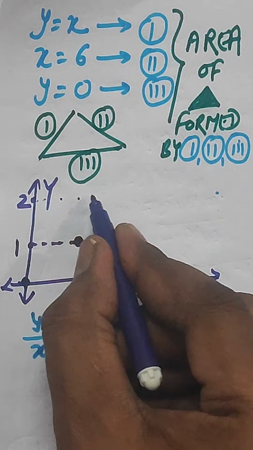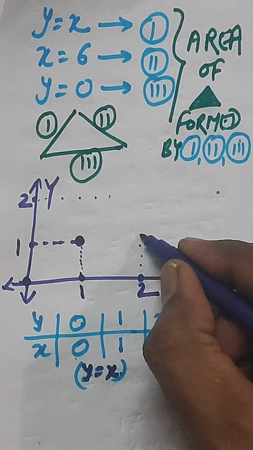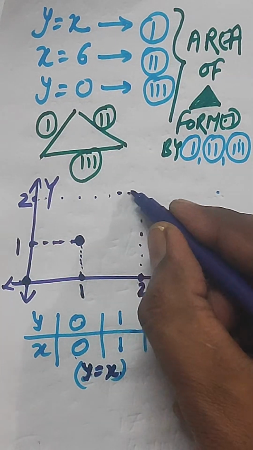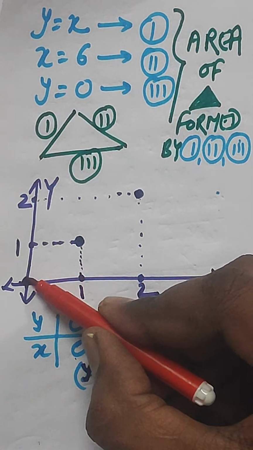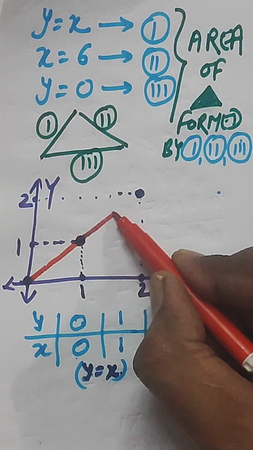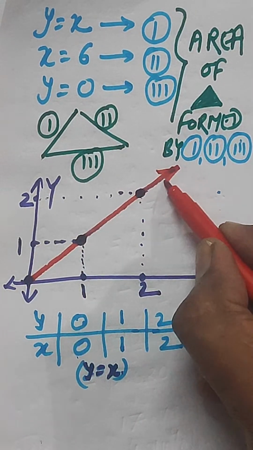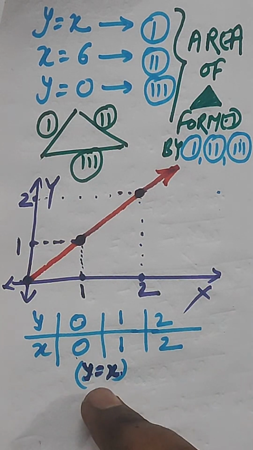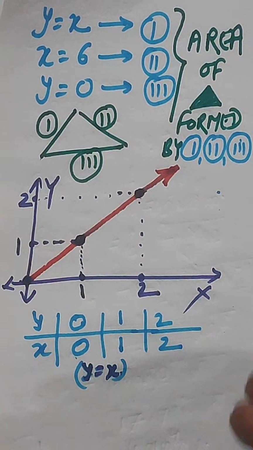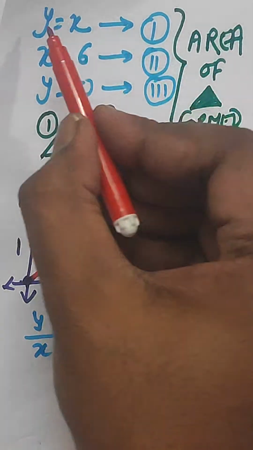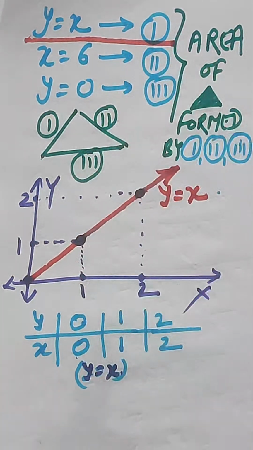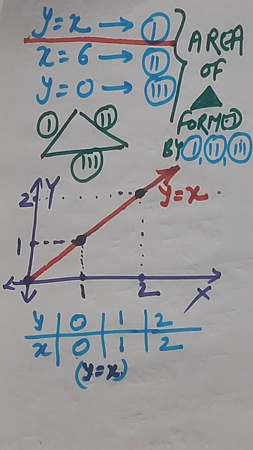Similarly for 2, they're intersecting somewhere over here. So you can just simply connect these two lines. So when you connect these two lines, this will be the plot for y equal to x. In this way, we have covered this, right? We have plotted this, right?